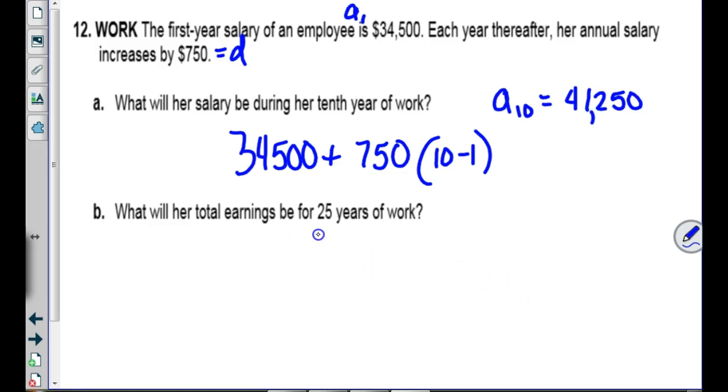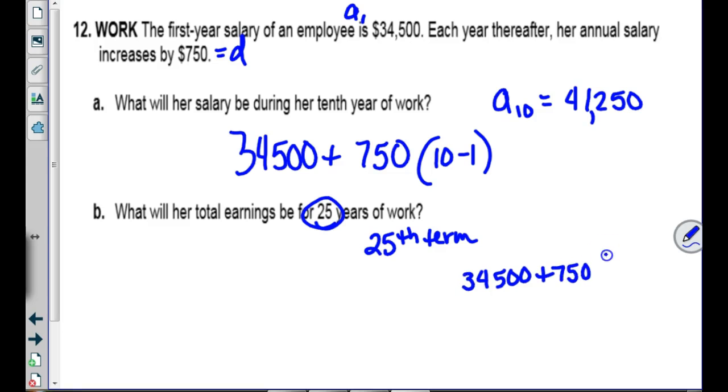What is her total earnings for 25 years? What do we need to find? Yeah, 25th term would be the first plus 750, 25 minus 1 or 24 times. What's she making year 25? Anybody have it? Is that our answer?